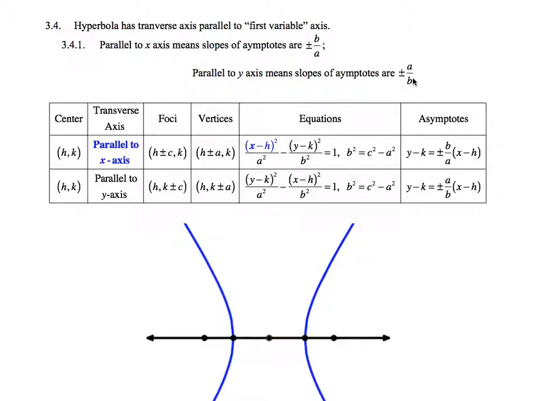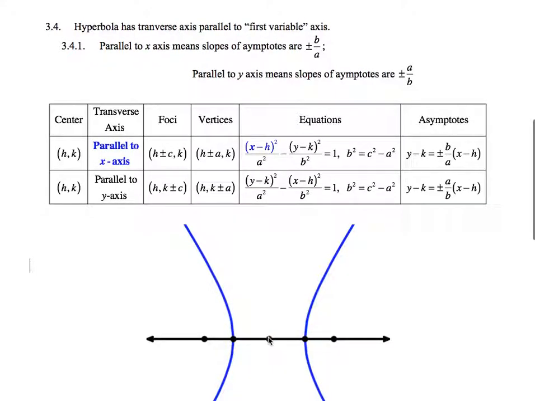And to plot those asymptotes, you don't have to simplify these equations here. All you have to do is start at the center and use the slope. Count b units up, and then a units over, b units up, a units over, and that'll give you the positive slope asymptote.